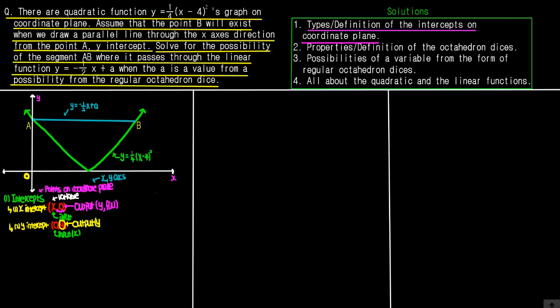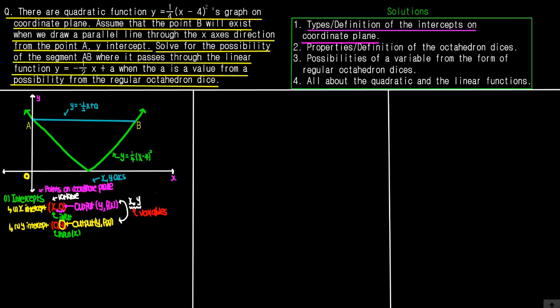The reason why we notate it as y or f of x is exactly the same concept as with the x-intercept. We know that the x and y values are variables, which means they change, and we can't notate variables as specific values.